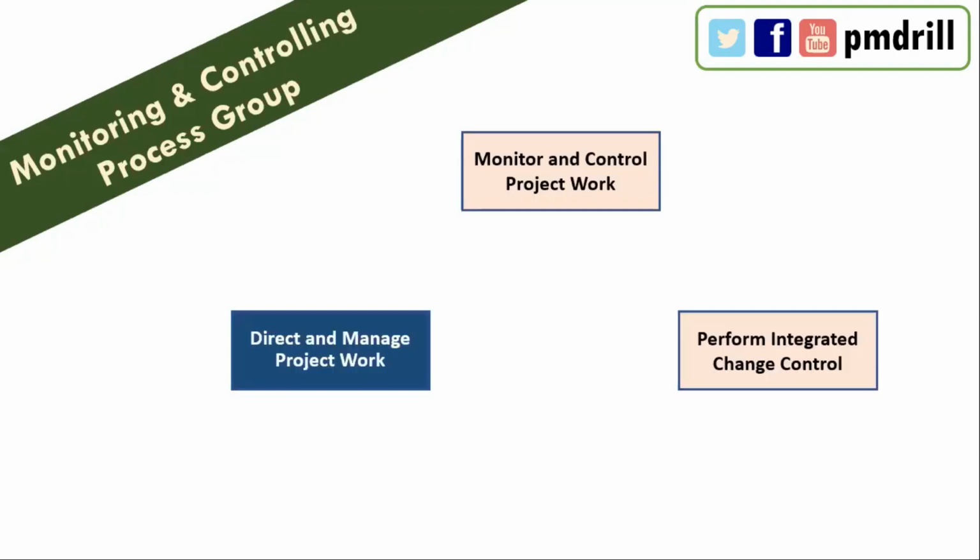So you know that there are two processes that come under monitoring and controlling process group, which are under the integration management. Integration management is something that binds together all the work that happens within the process group. This is the same concept I explained when I did the planning process group.